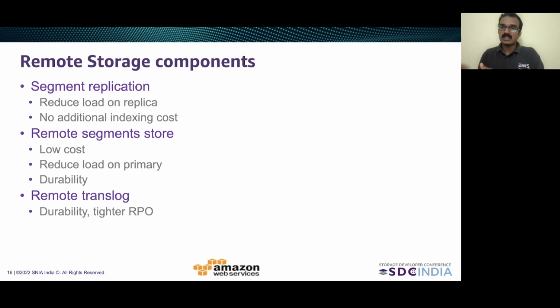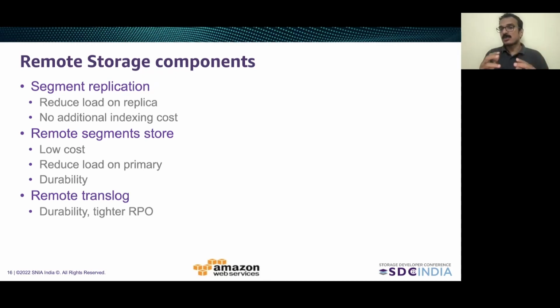That also is beneficial in terms of indexing performance, but sending it to the remote store, and from the remote store sending it to the replica node, decouples the storage that I talked about, and it can also give better durability. It reduces the load on the replica node, because in the document replication model, the replica node is also doing another round of indexing. So it's really doing double the work.